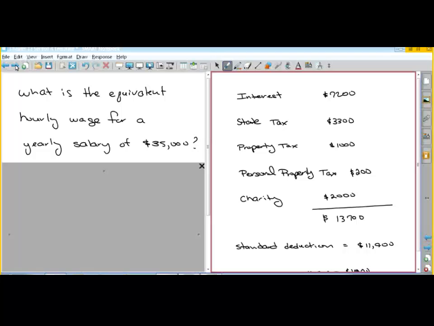So if you are a modest person making modest amounts with a modest home and a low interest rate, the chances are that the tax benefits of owning a home are not that great. If you are living in a high tax area, you're paying a lot of state tax, and all the stuff that's not interest for your house adds up to your standard deduction, then anything above that you're getting a tax benefit from.